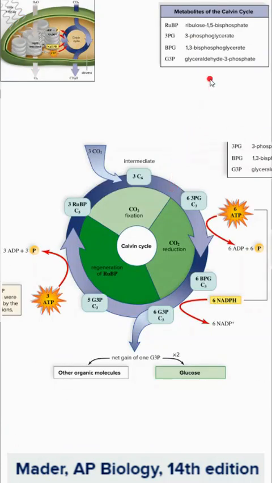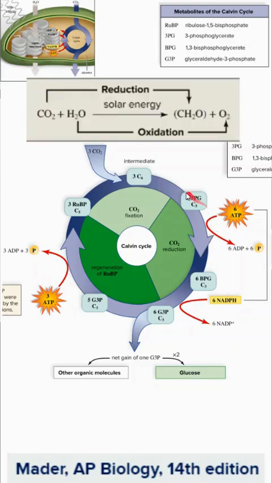And the Calvin cycle can be really confusing with all of these long names, which are beyond the scope of what you guys need to know. So as we're looking at this, a big thing to focus on is that energy from the light-dependent reactions is being brought in to the Calvin cycle. And all of this energy from the ATP and the NADPH is ultimately powering the production of carbohydrates from carbon dioxide.